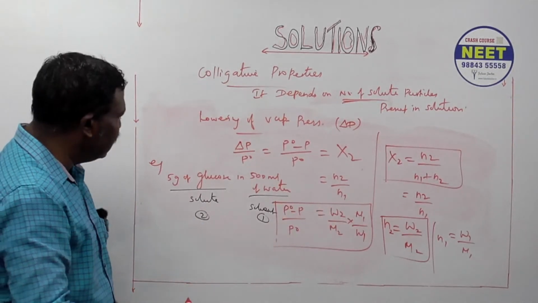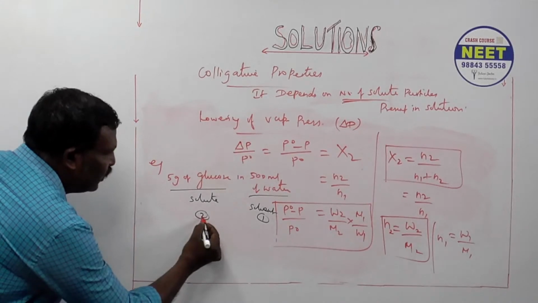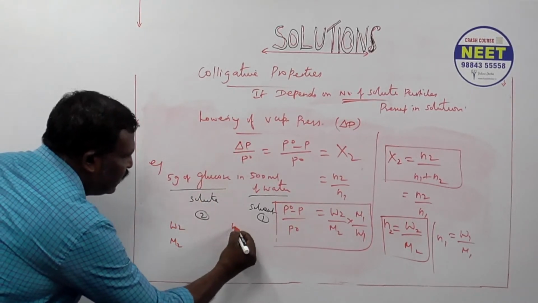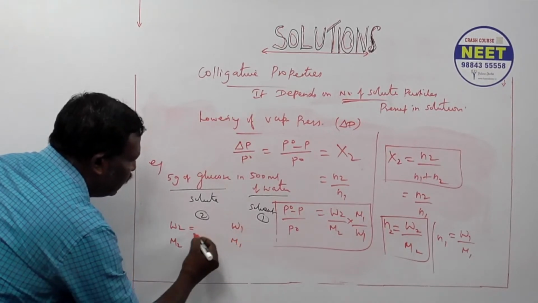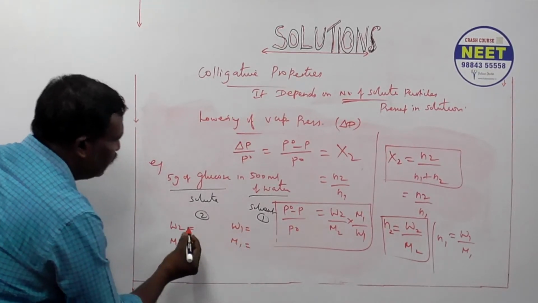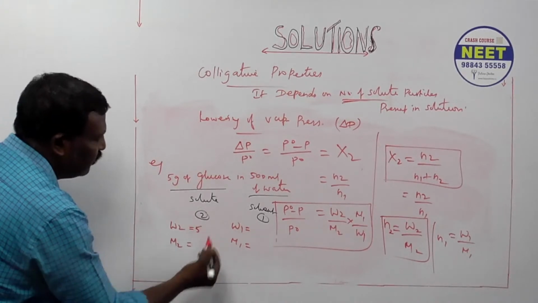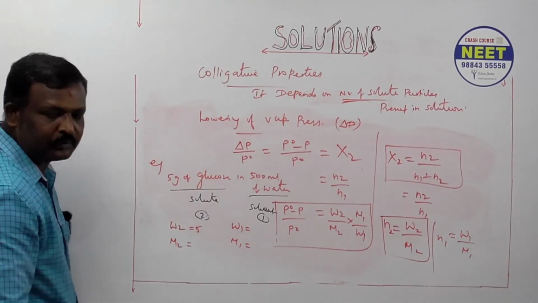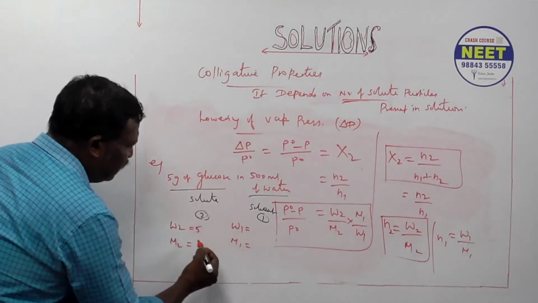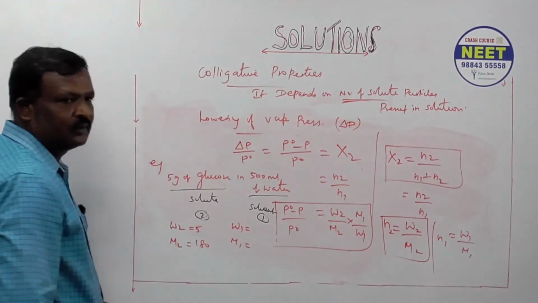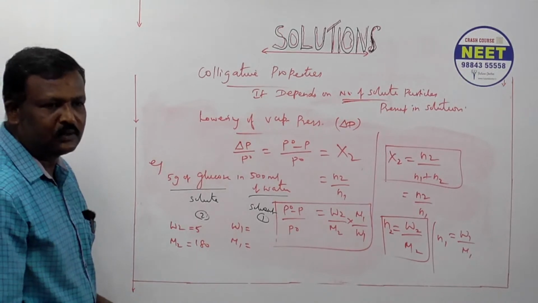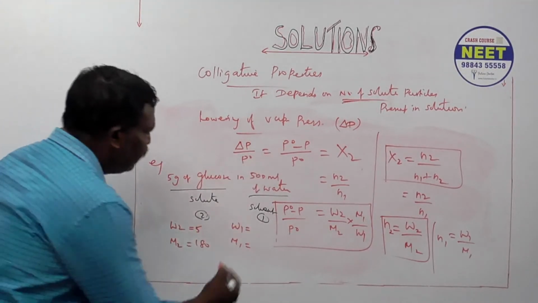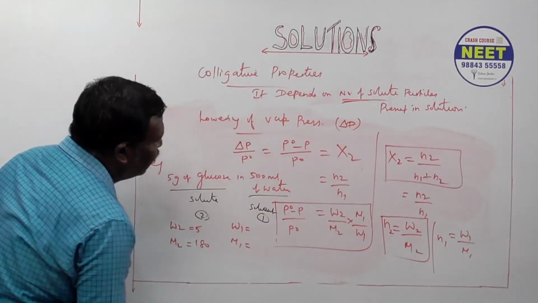Isn't it? Okay. Tell me, what is W2, M2, and W1, M1? W2 is 5 gram. M2, glucose, you know the formula, C6H12O6, 180, just memorize. W1 is what? Find ml, no?